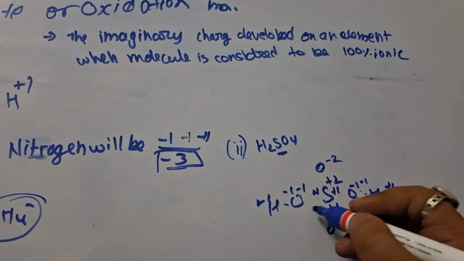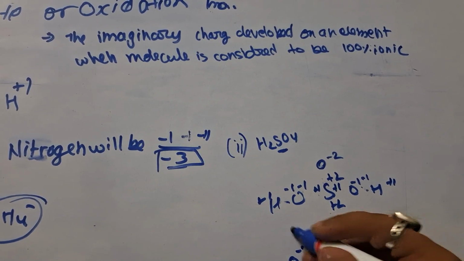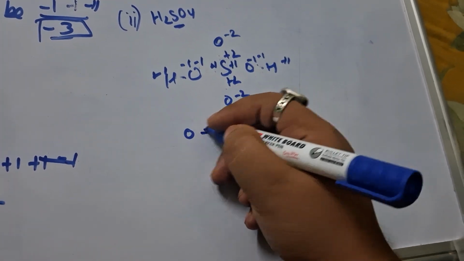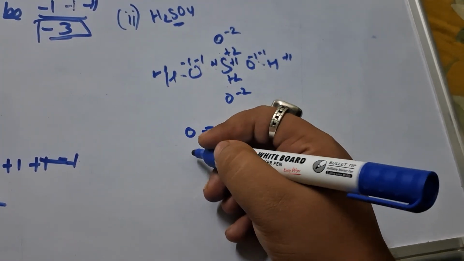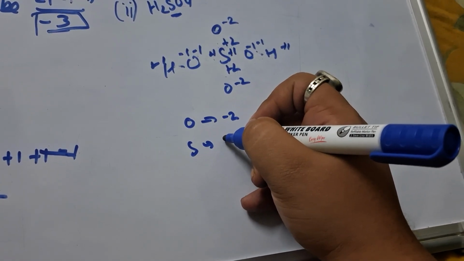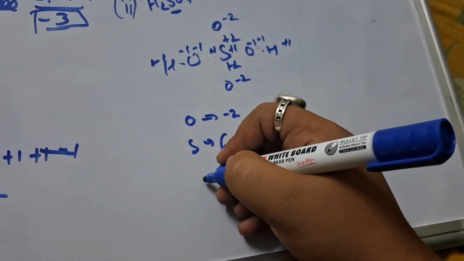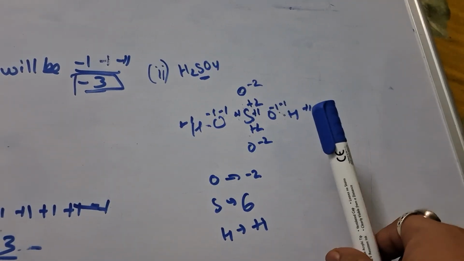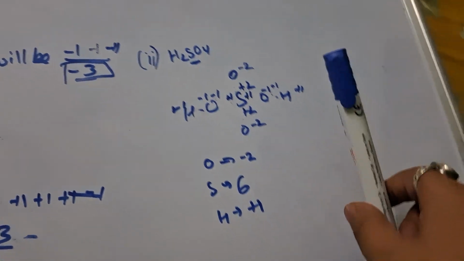So oxygen will be -2. I'll just write down all the elements. Oxygen -2, and sulfur +2, +2, +1, +1, so 6, and hydrogen +1.